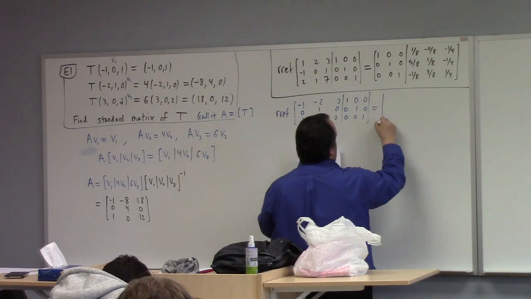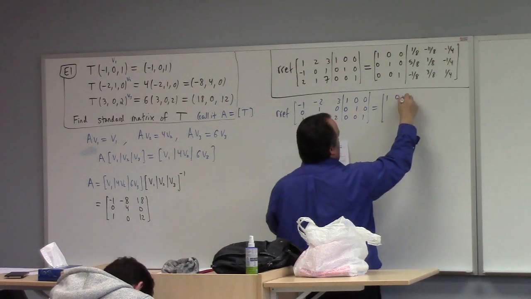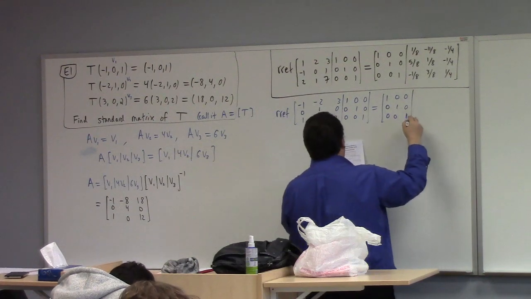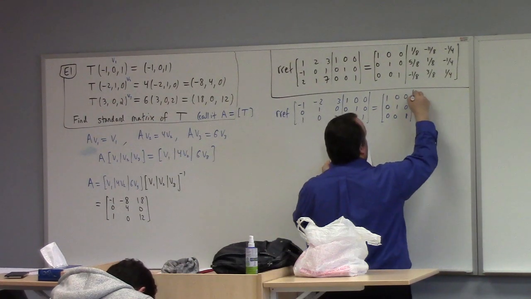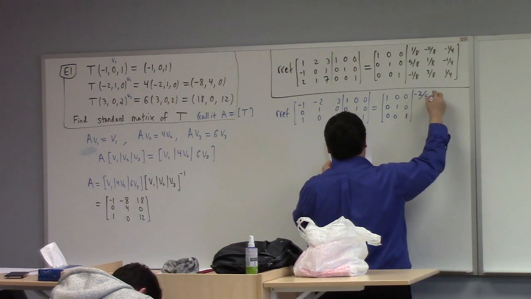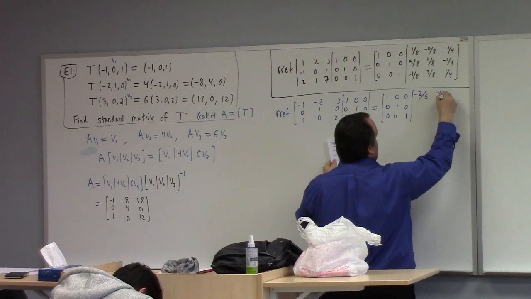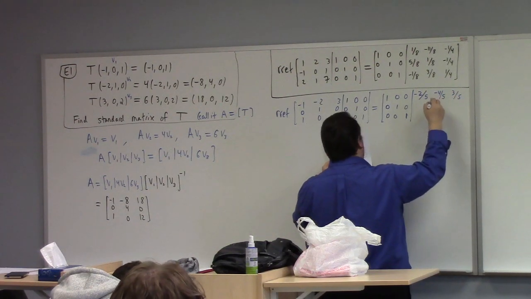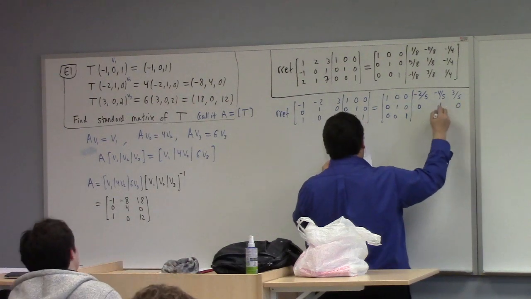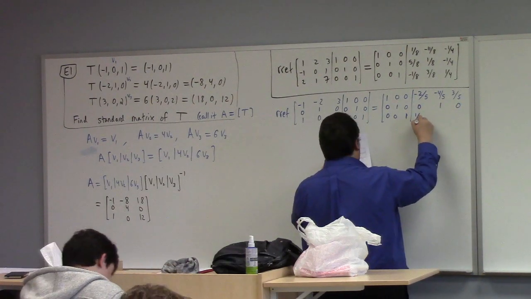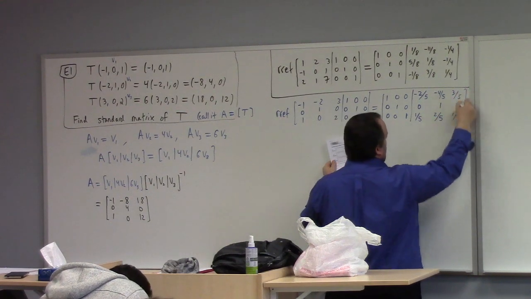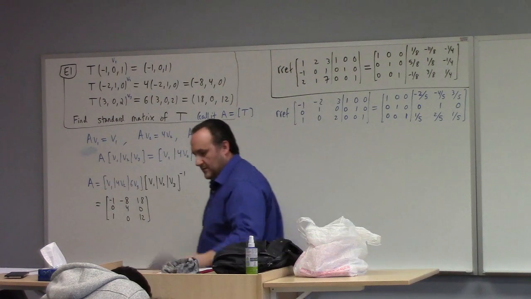All right, so that row reduces to the identity. And this matrix over here, after 6 row operations for real this time, is minus 2/5, minus 4/5, 3/5 for the top row, 0, 1, 0 for the middle row, and then 1/5, 2/5, 1/5. So there you go.